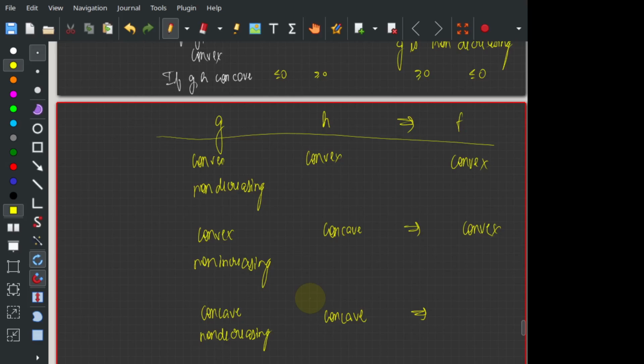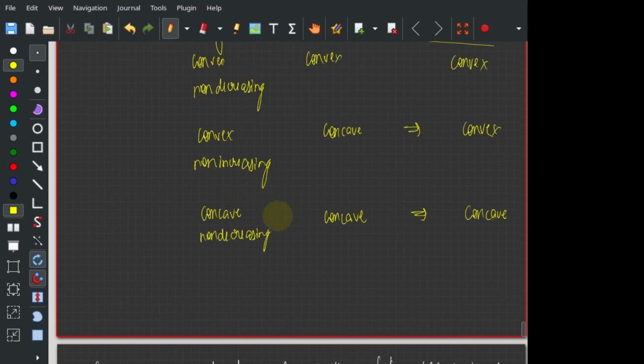Okay. And actually e power minus x. But e power minus x is not concave. Yeah. You're right about that particular example. The resulting function is convex. But suppose I have concave, non-increasing.